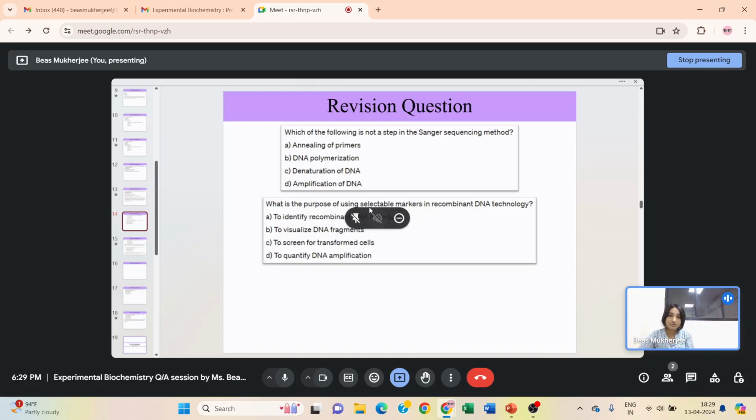Then what is the purpose of using selectable markers in RDT? To identify recombinant DNA molecules, to visualize DNA fragments, to screen for the transformed cells, to quantify DNA amplification. So if you remember, when we were talking about transformation and recombination, we had very clearly distinguished between the recombinants and the transformants.